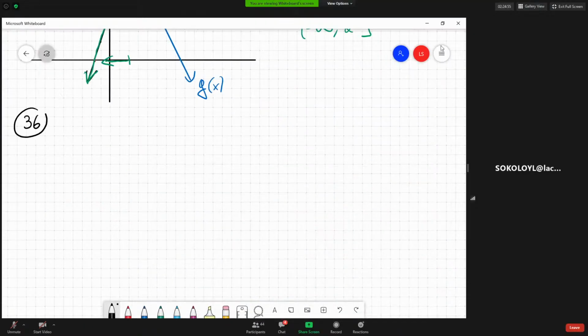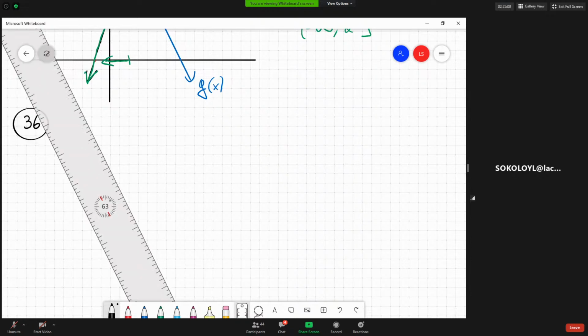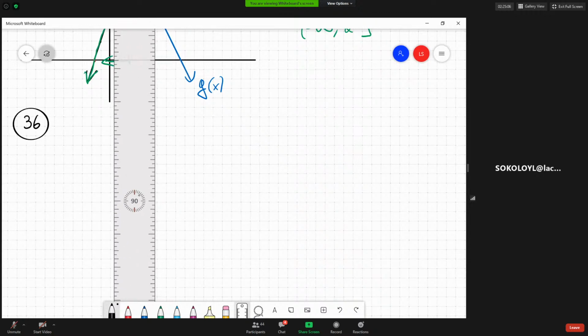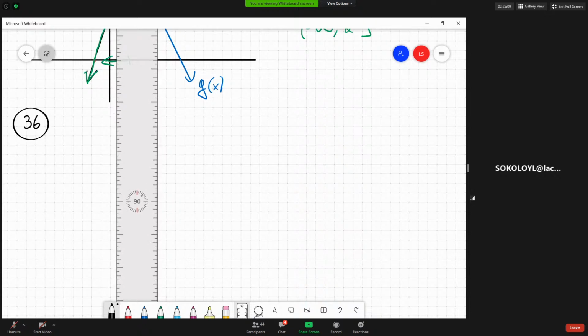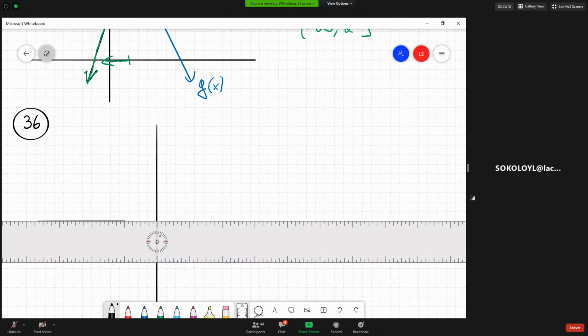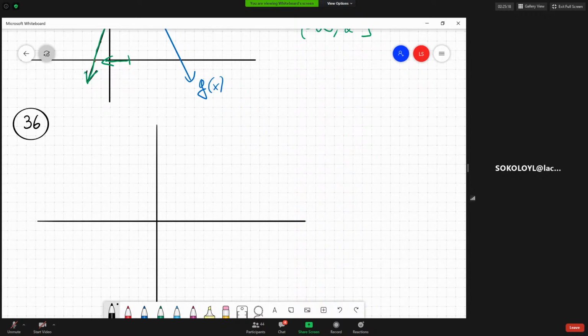I'm going to try and graph it the best that I can, or at least something similar. I might not do the scale exactly, but let's say we have the y-axis and the x-axis, and we have some points. We have -4, 7. So -4, and up 1, 2, 3, 4, 5, 6, 7.